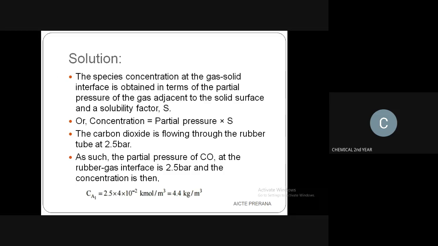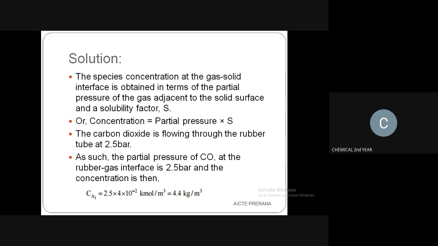Now the species concentration at the gas solid interface is obtained in terms of the partial pressure of the gas adjacent to the solid surface and the solubility factor, which we are denoting as S. Then the concentration can be calculated as partial pressure into solubility.